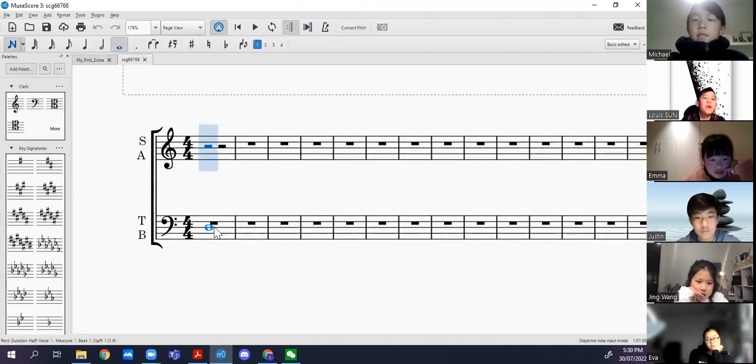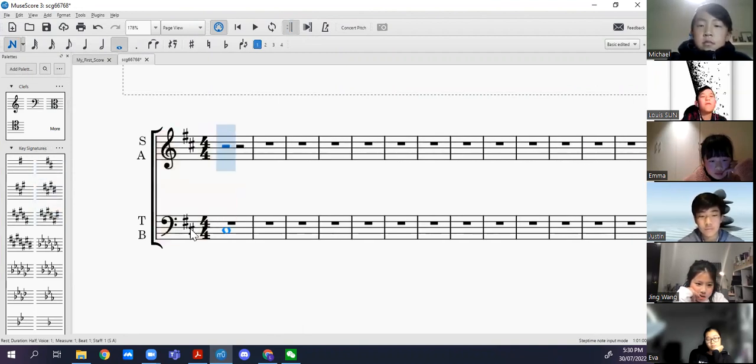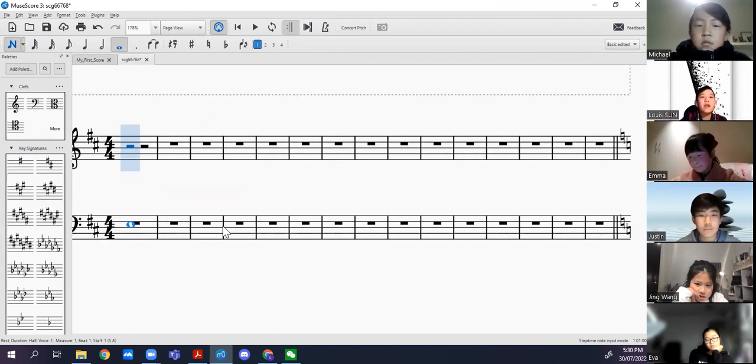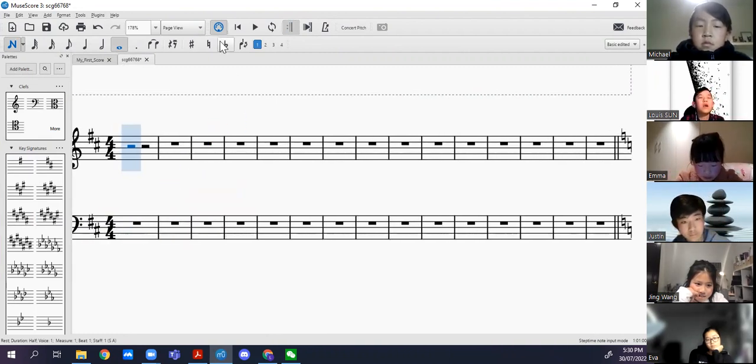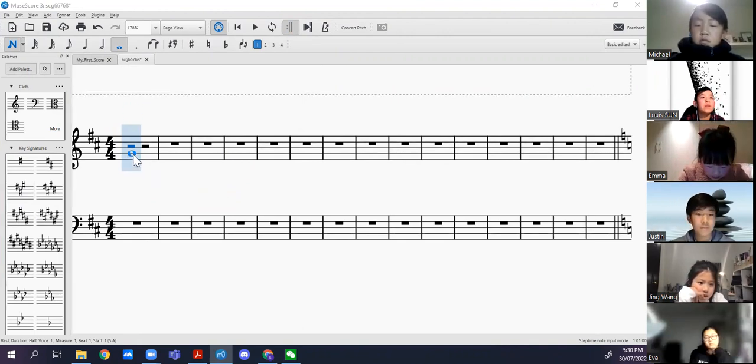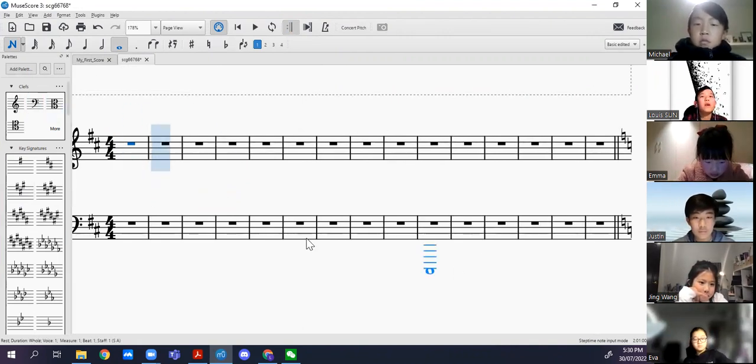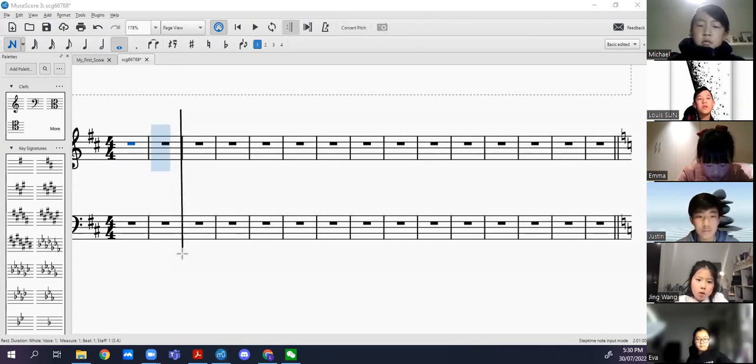So, perfect cadence. We'll do a perfect cadence in D major to refresh our brains. And okay, so I think, wait a second. There we go. I'll designate little bits of sections to everyone.